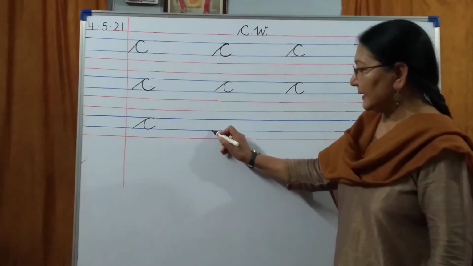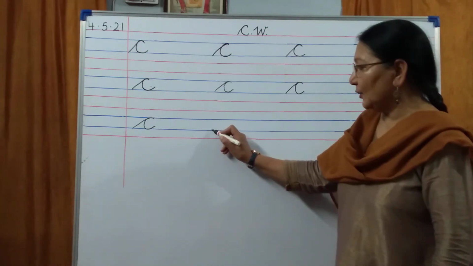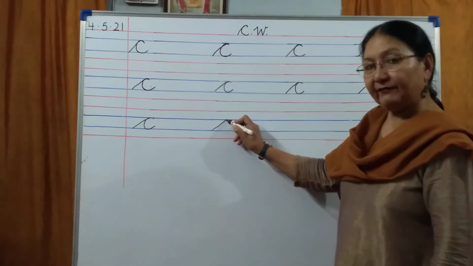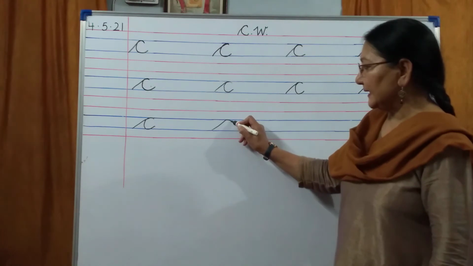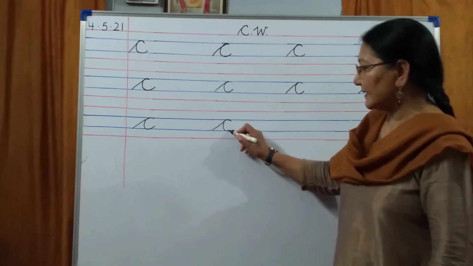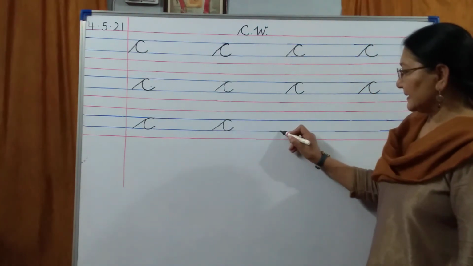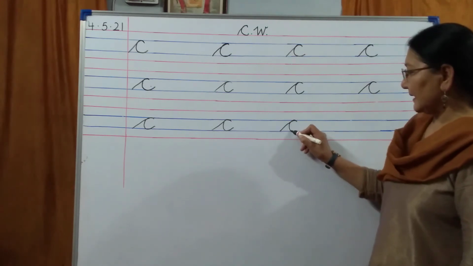Put your pencil on the lower blue line. This is your lower blue line. A slant line like this. Everybody, very good. I can see so many children writing. Turn a little like this. Come back again and go up. This is C. Like this.